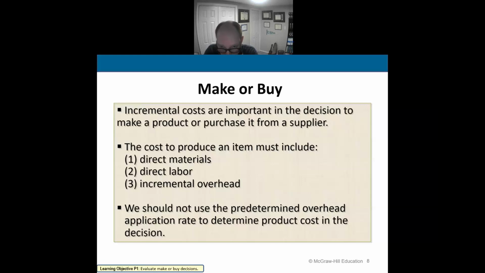What's your total cost when you buy it? And then we have to figure out which of those makes the most sense for my company. And so we look at that in the decision-making process of making the product or buying the product.